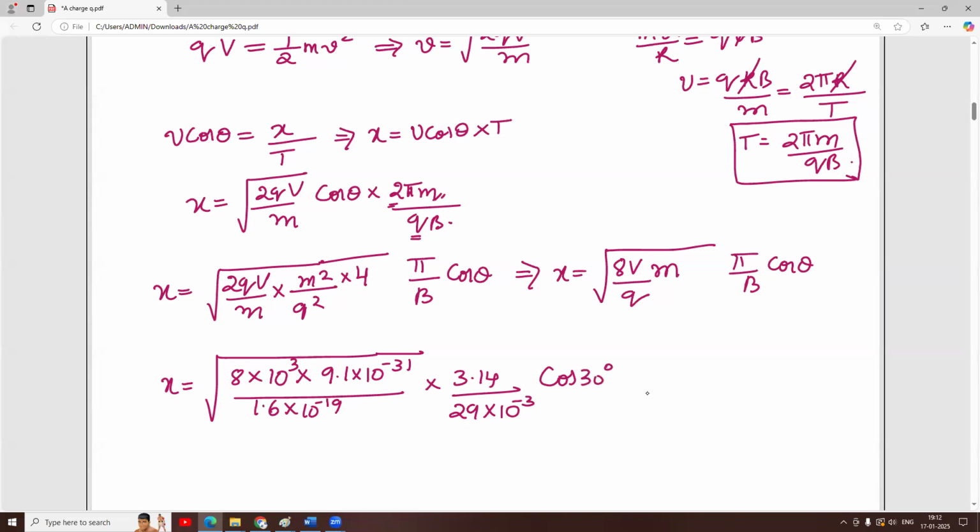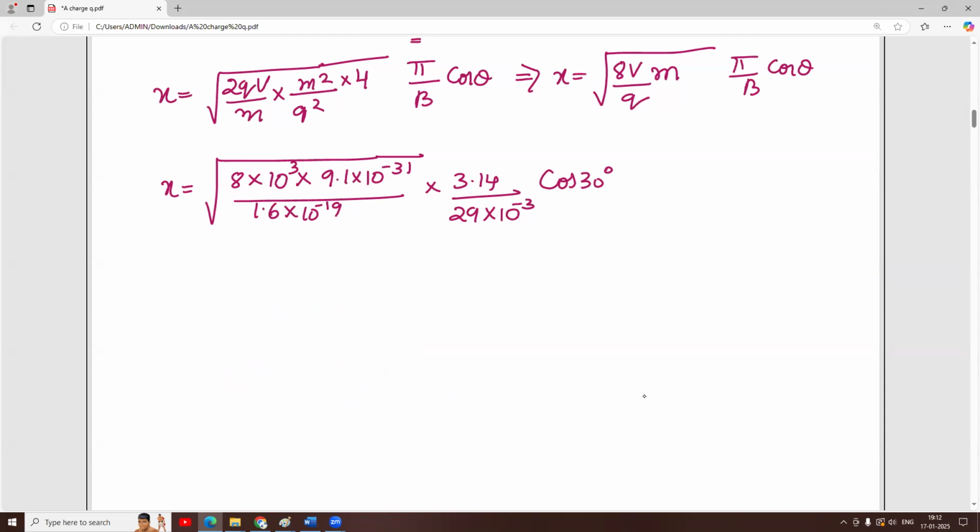So this has to be calculated now. x is equal to root of 8 into 9.1, which can be taken as almost 9. Here I think we can take 1.6 into 10 to the power minus 1 if I take.